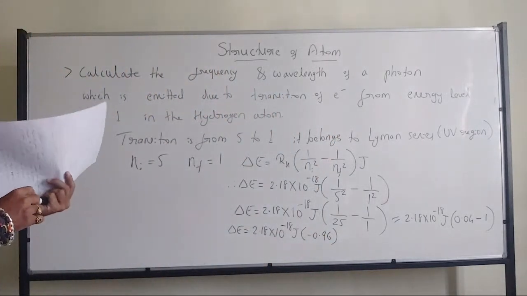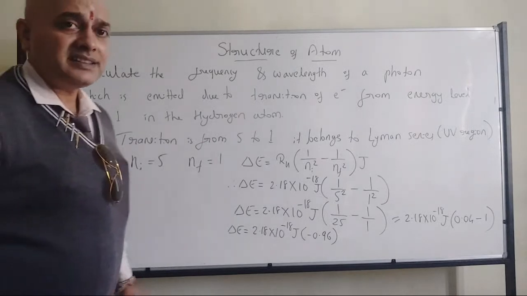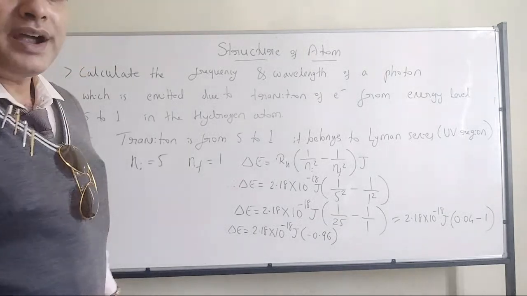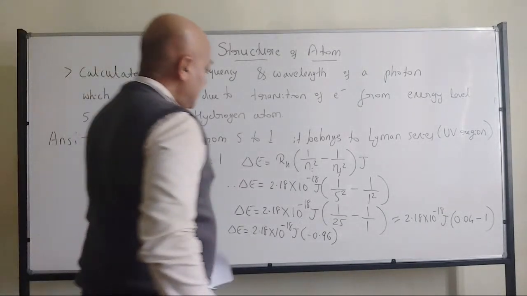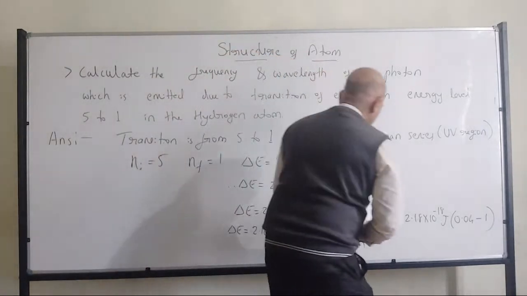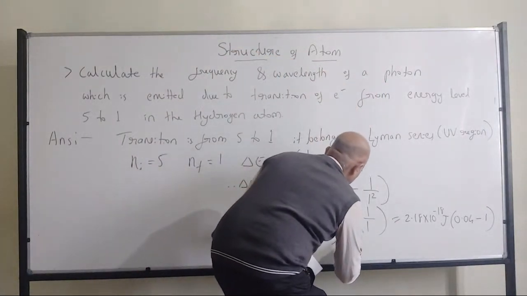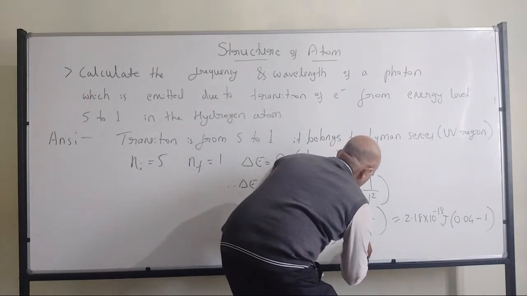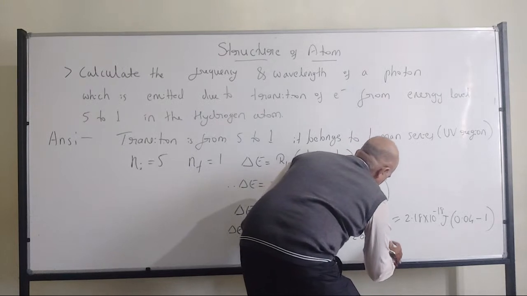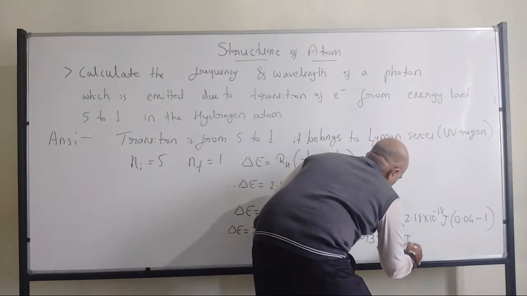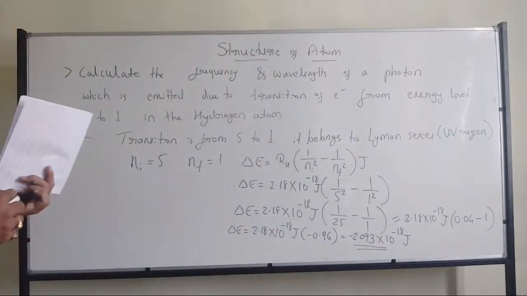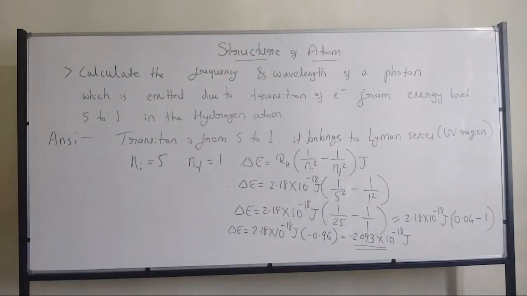It will be minus, because 1 is greater than 0.04, so it will become minus 0.96. Since it is an emission spectra, it has to be minus. So if I solve it further, delta E value will become minus 2.093 into 10 to the power of minus 18 joule. Since it is emission spectra, it should be negative value.